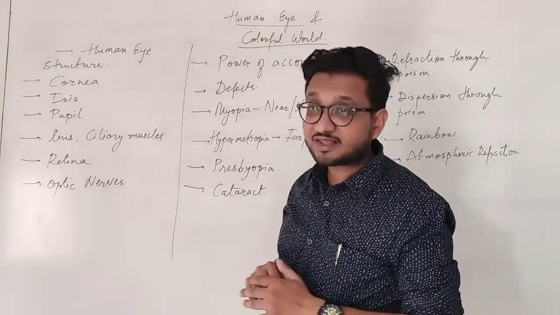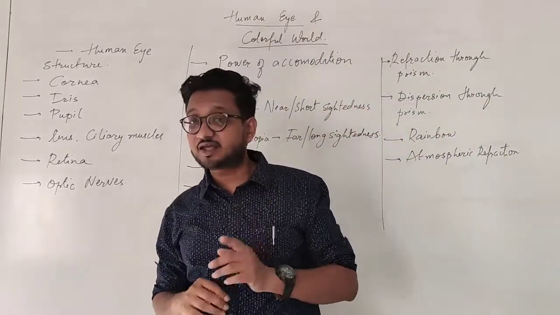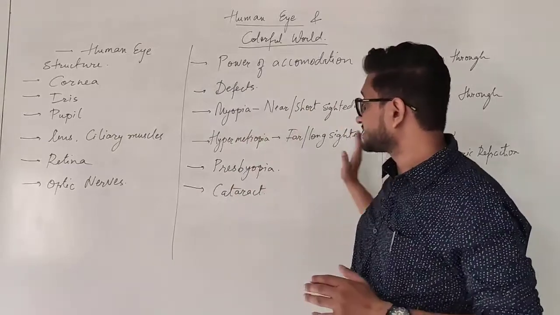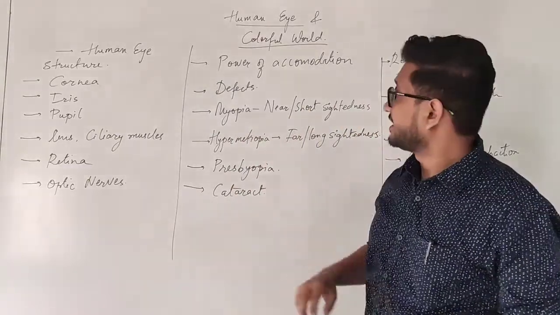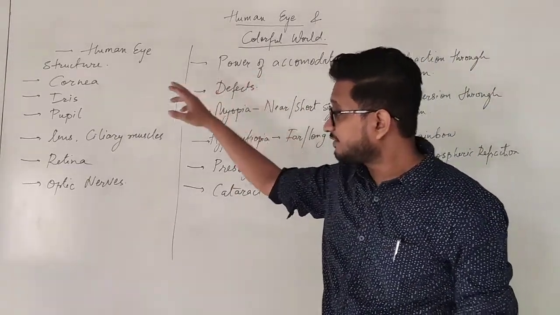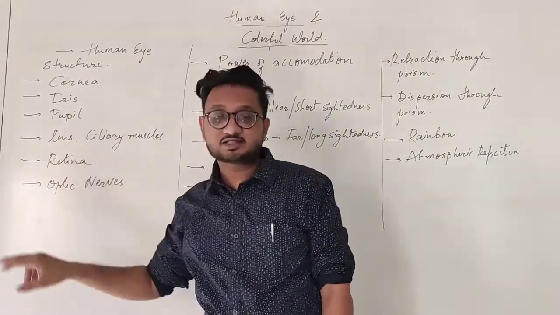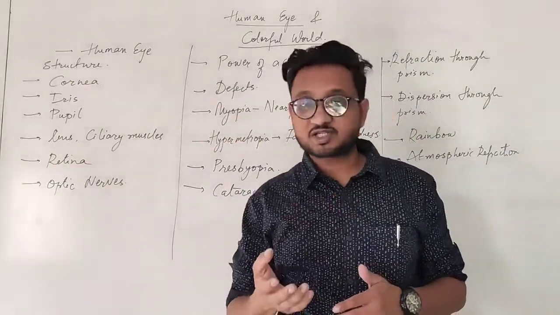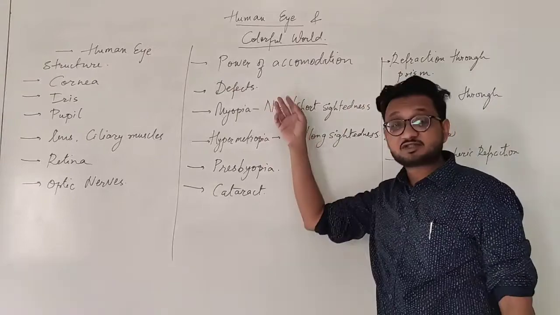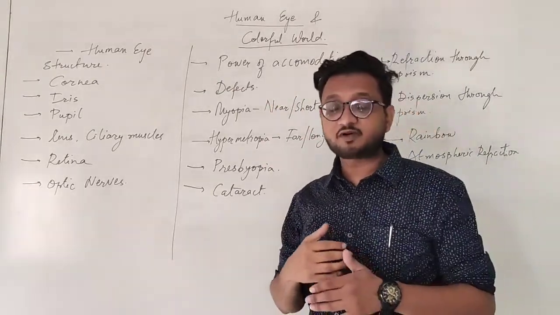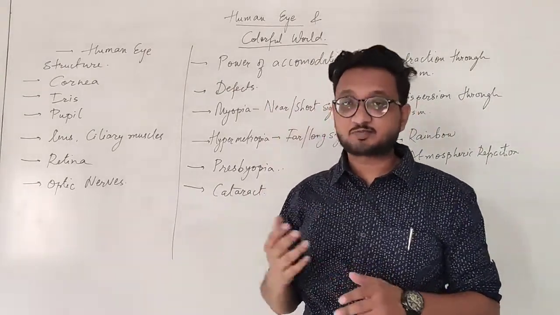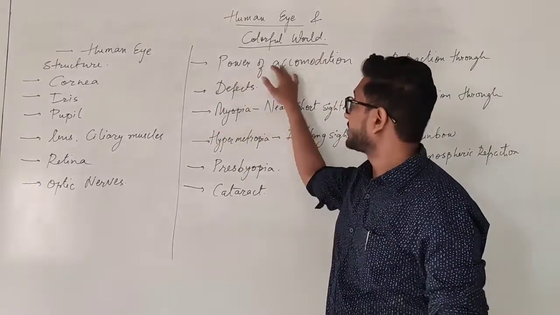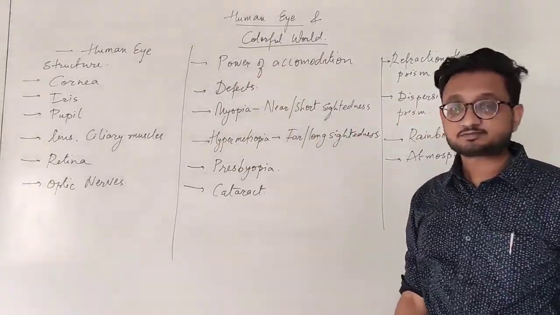That means focal length is more for thin lenses, and focal length is less for thick lenses. And this power of our natural jelly-like convex lens can be changed. And this ability of our eye lens to change its power accordingly is called power of accommodation.